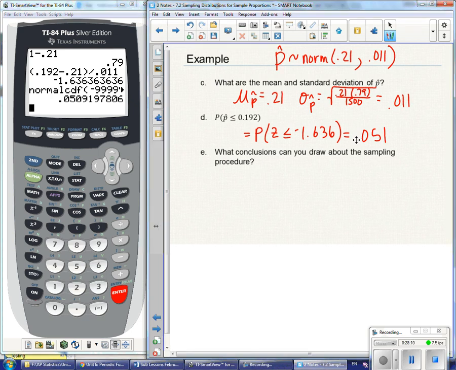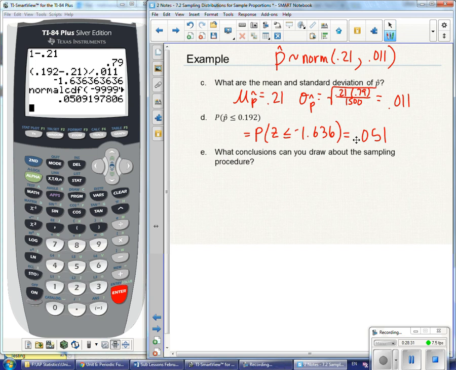So if you think about that, this value is pretty low. It's really unusual for me to see a sample result so low. It's only going to occur about 5% of the time. And we usually draw a line around 5%, and if we set the value ahead of time, then it is a hard line.